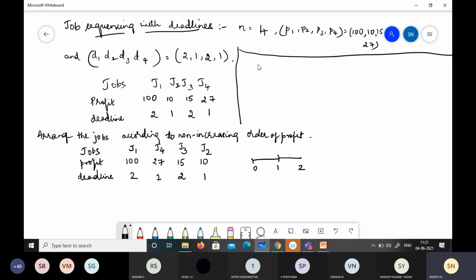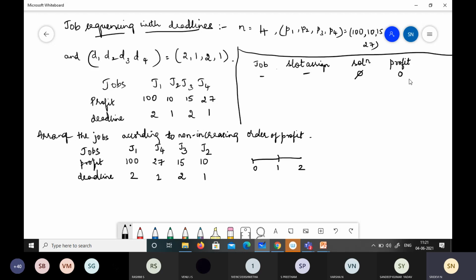So we will take the job which will be considered, and then the slot which is assigned, and we will see the solution, and also we will calculate the profit. Our idea is that we have to get maximum profit. Initially no job is assigned, no slot is assigned, solution subset is 0 and profit is 0.